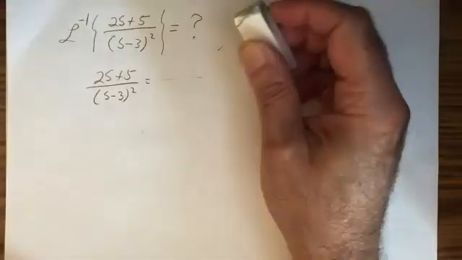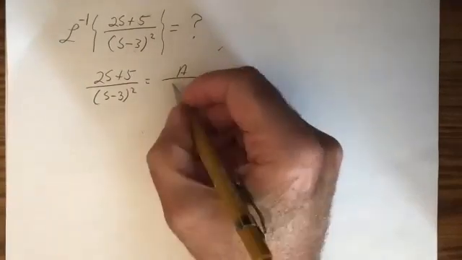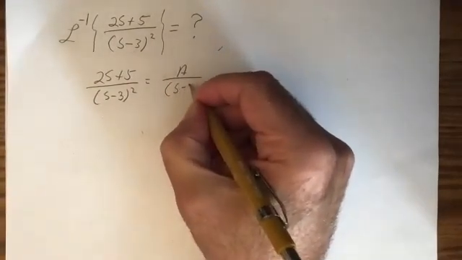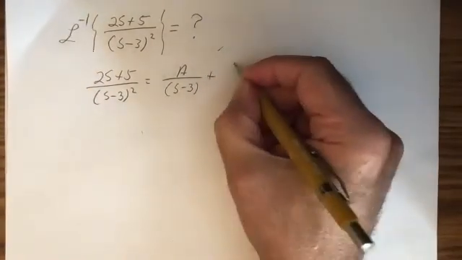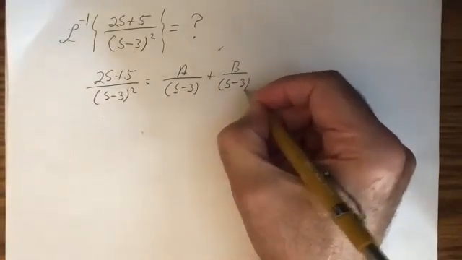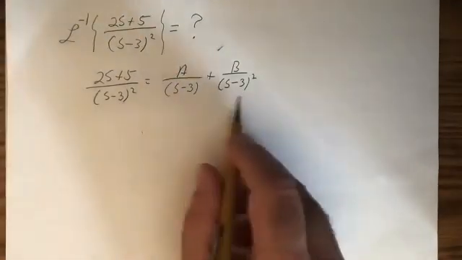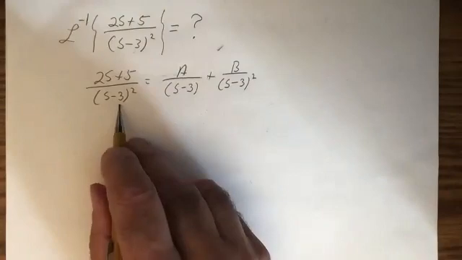I'm going to break this up into A over s minus 3 plus B over (s minus 3) squared. If you have the denominator here, you have to break it up with this form.